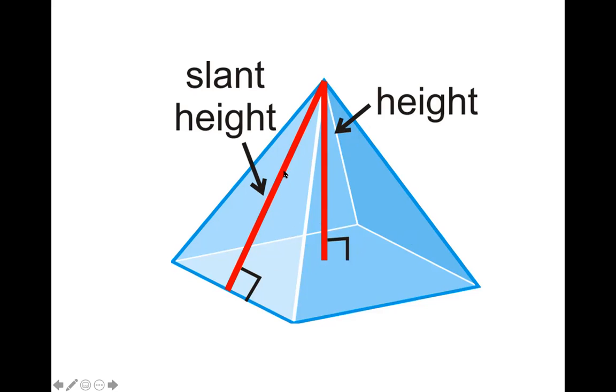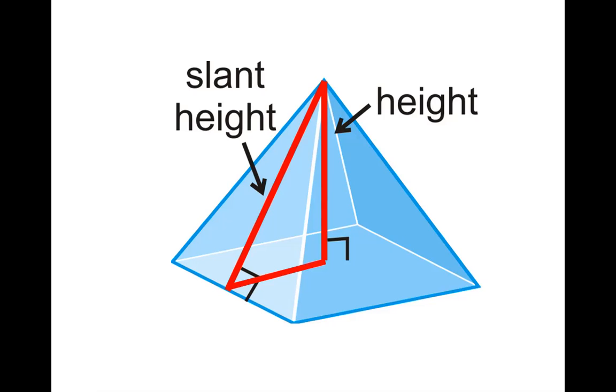So you get this shape in red right here. The obvious thing that you do once you have this shape is you connect the 2 red segments there, and it makes a right angle. Therefore, to do the calculations of both height and slant height, we can use the Pythagorean theorem to get some of those answers.